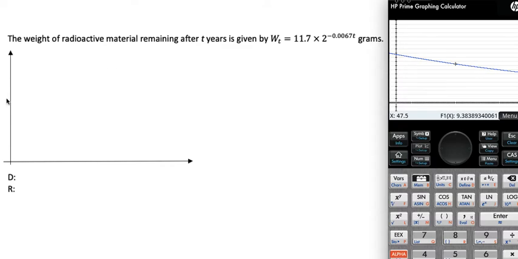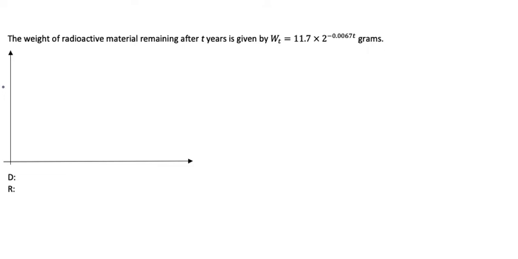So the first thing for us to do is just to draw the sketch. So the function will look something like this, okay? This right here is 11.7, okay? And this right here is time, and this is the weight with respect to time.